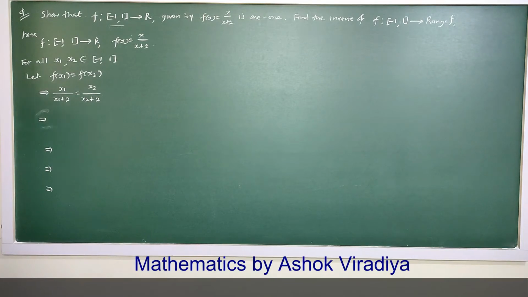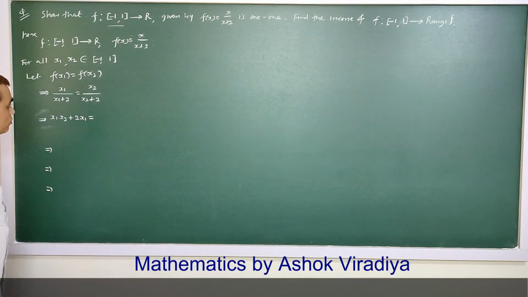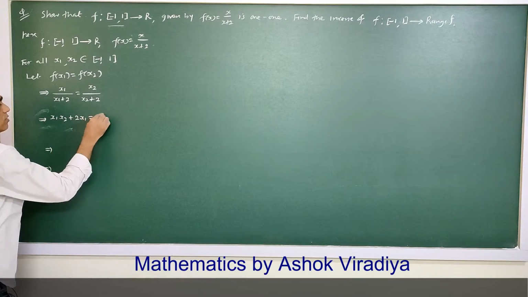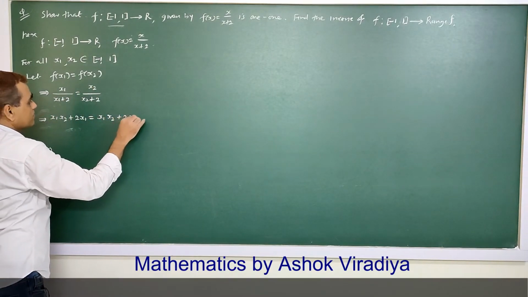Simplifying this, x1x2 plus 2x1 equals x1x2 plus 2x2.